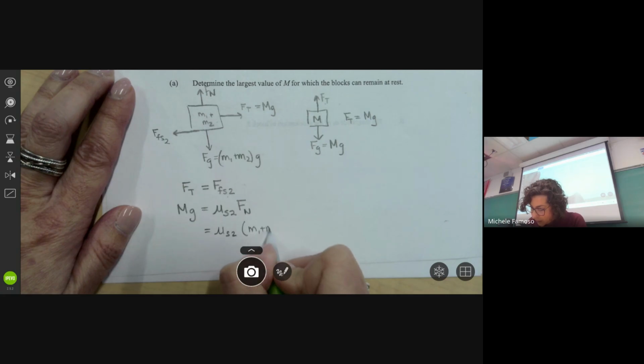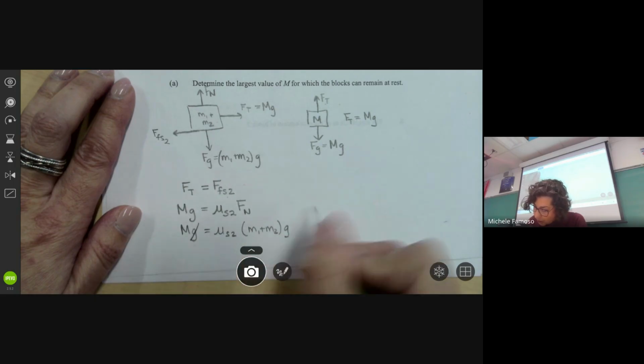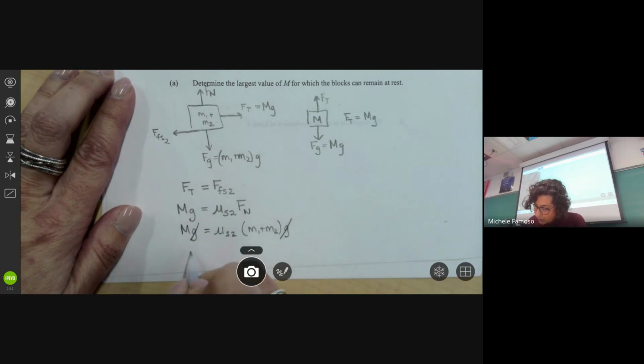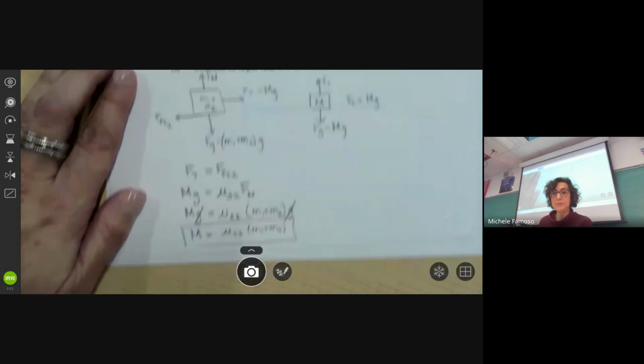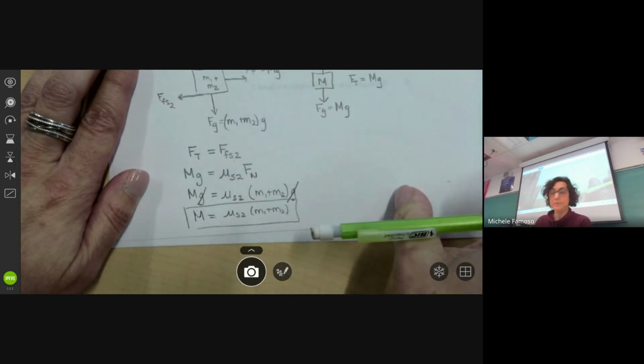It's M1 plus M2, that quantity times G. The G is going to cancel, so that means M is mu S2, M1 plus M2, and that's my answer. Okay? Let's now go to part B.